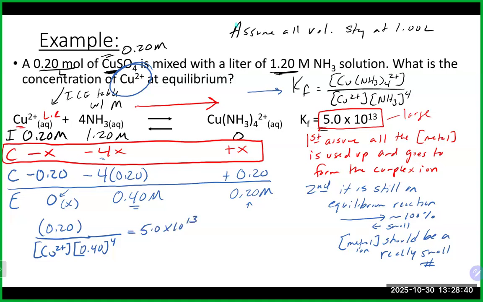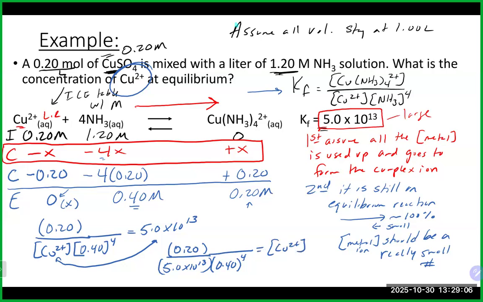If we rearrange this, these two basically just switch places: multiply the copper to the other side and divide by the KF. That gets you 0.2 divided by 5 times 10 to the 13 times our 0.4 to the fourth, which would equal our free copper 2+ concentration.